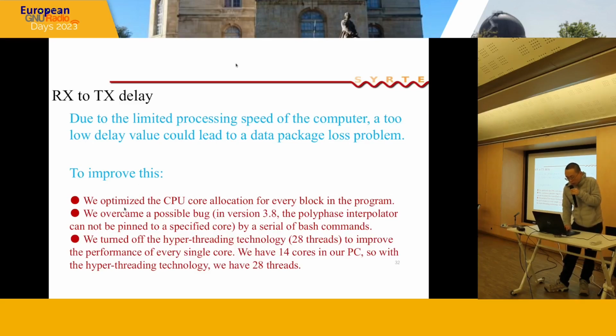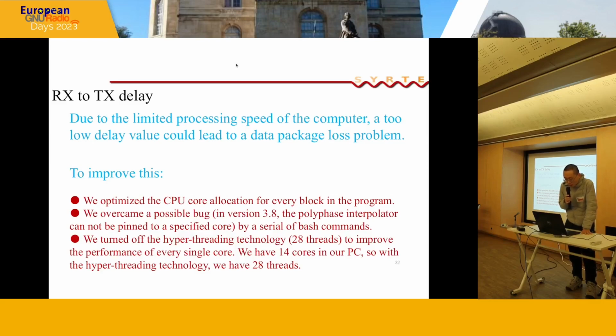To improve this, we did some optimization. First, we optimized the CPU core allocation for every block in the program. Second, we overcame a possible bug in version 3.8: the polyphase interpolator cannot be pinned to a specific core, so we overcame this problem with a series of bash commands.